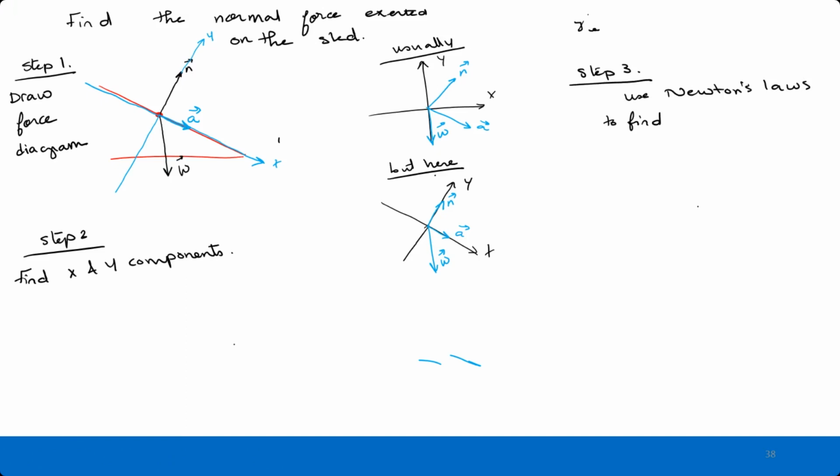Here we want to find the normal force. Which of Newton's laws do I use in this problem? The sled is moving, it is accelerating down the incline, so I'll use Newton's second law, F equals ma. Now I will never use this equation as it is, I'll have to split it along the x direction, and along the y direction.